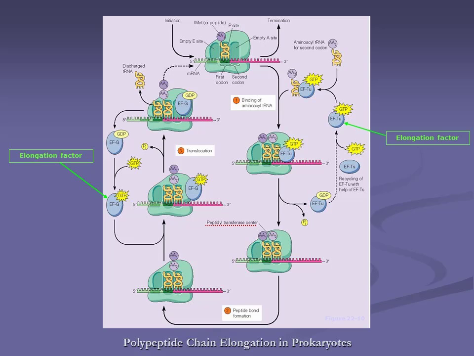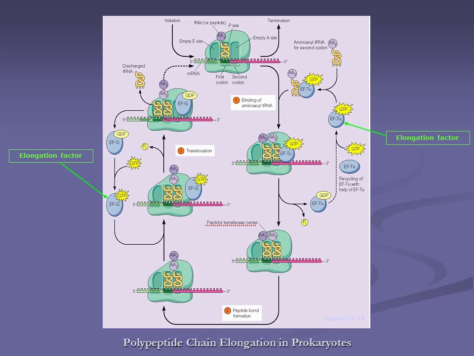So it already visited that aminoacyl tRNA synthetase. All right, it got linked up. Now we have these molecules called elongation factors. And elongation factors plus GTP, so energy, bind to our aminoacylated tRNA to bring it into the A site.